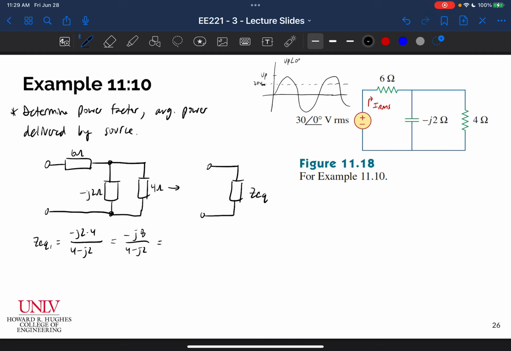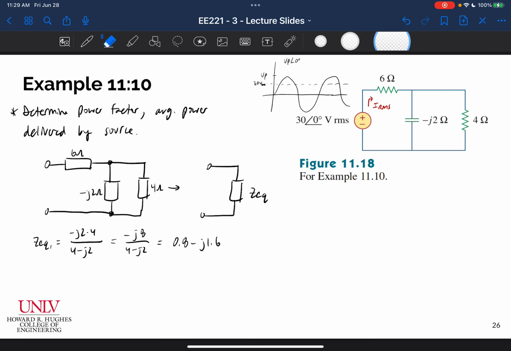I'll throw that in my calculator. You could convert it into a phasor, but I'm not going to do that. Dividing by 4 minus 2i, I get 0.8 minus J1.6. Now I just have to add 6 to that.